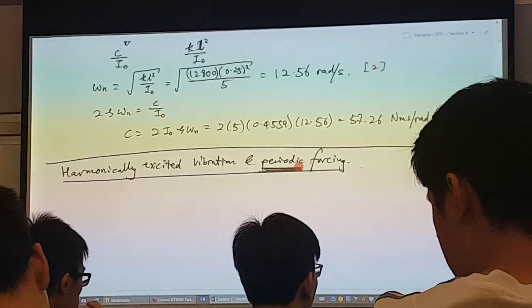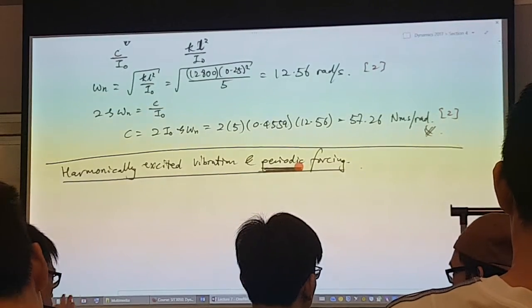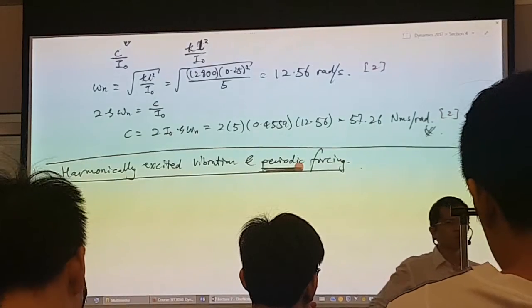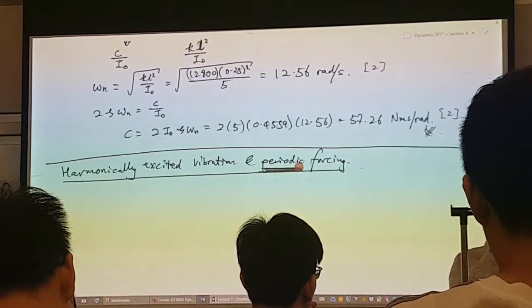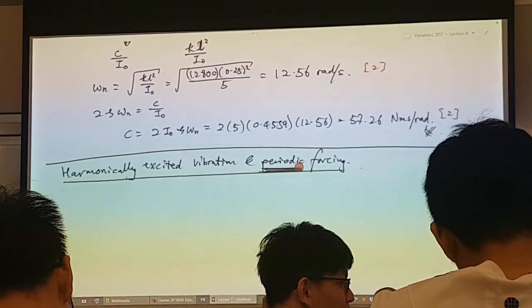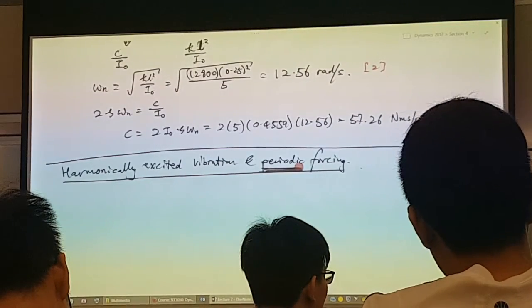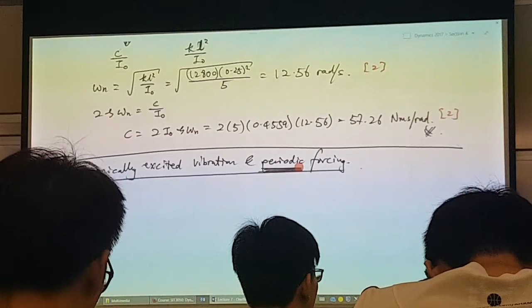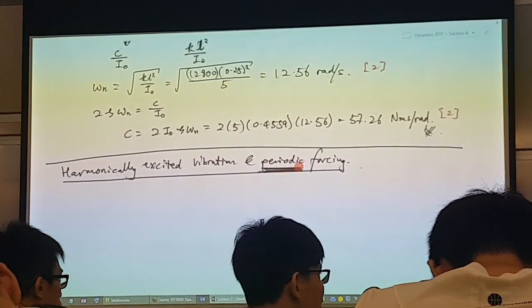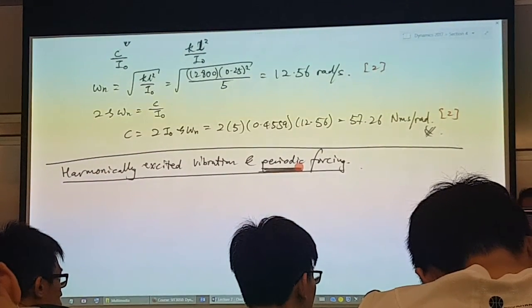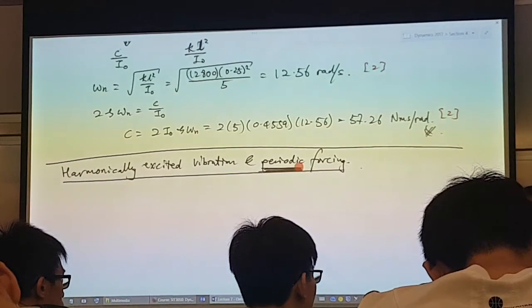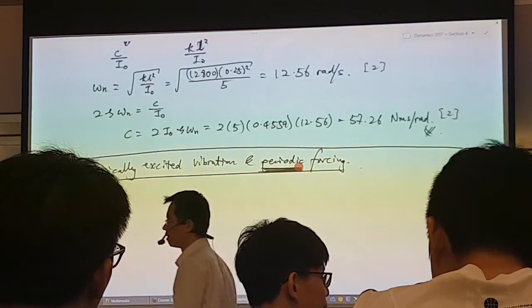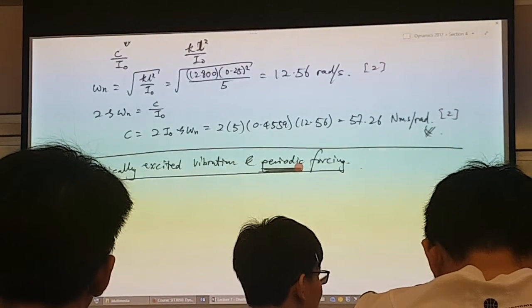So we were saying that we had a case where we kind of like drop this weight on it, right? And that spring from this position extended a little bit more, right? Today's case is a little bit different. The kind of force that we're going to put in looks something like that.